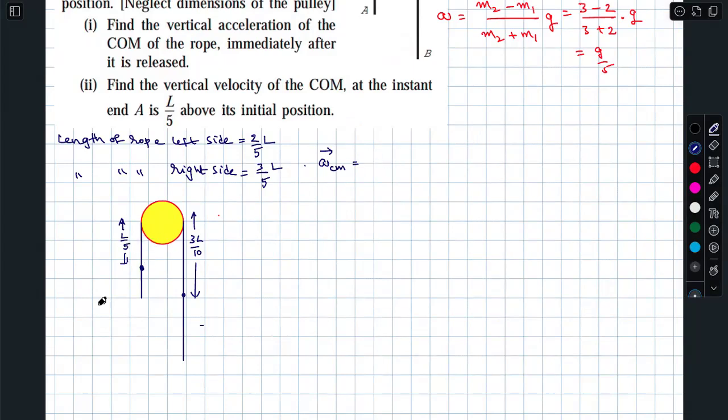We will take this mass as 2 units, and we will account this as 3 units of mass. So 2m times g by 5 minus 3m times g by 5, divided by 5m. What will you write here? Minus g by 25.